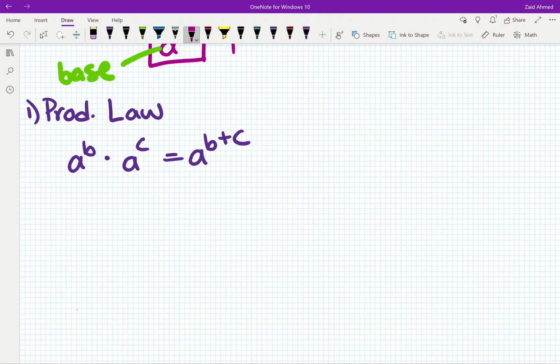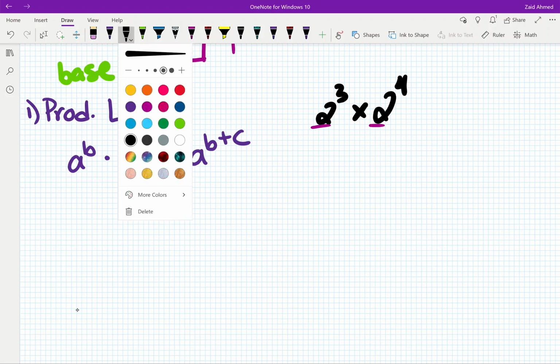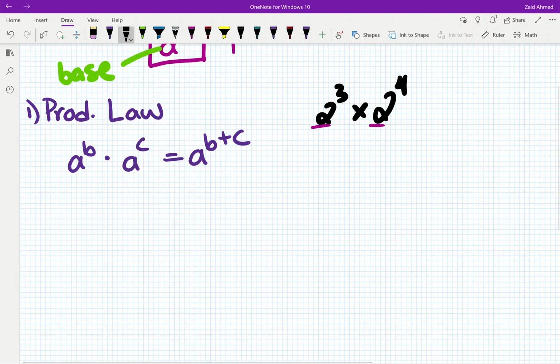So an example of that would be if I had 2 to the power of 3 times 2 to the power of 4. Now, as you can see, the bases over here are the same. So what I would be doing is adding the exponents. So it would look like 2 to the power of 3 plus 4, which is 2 to the power of 7.